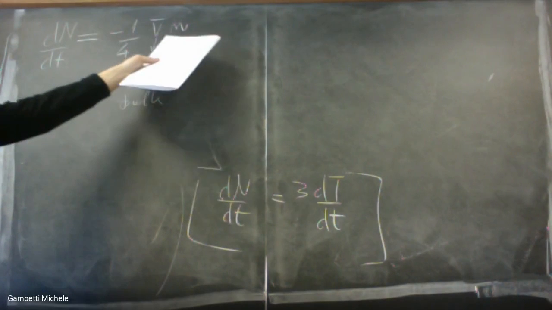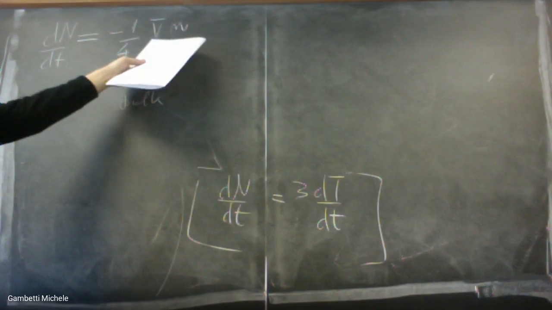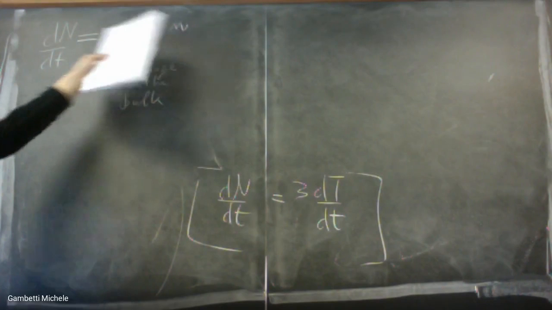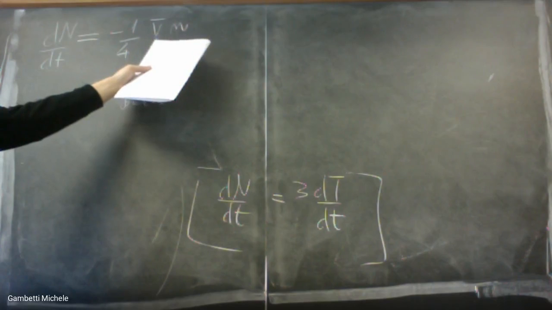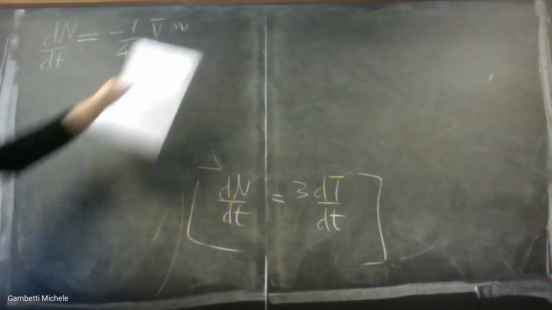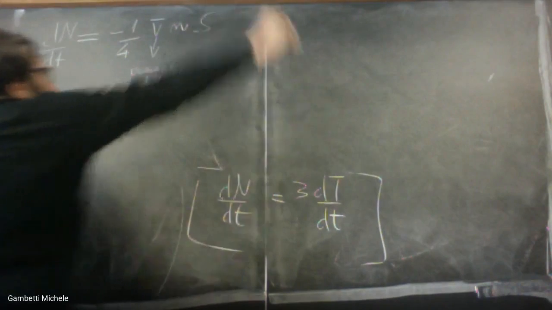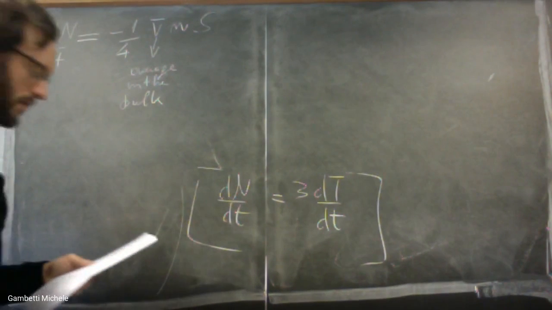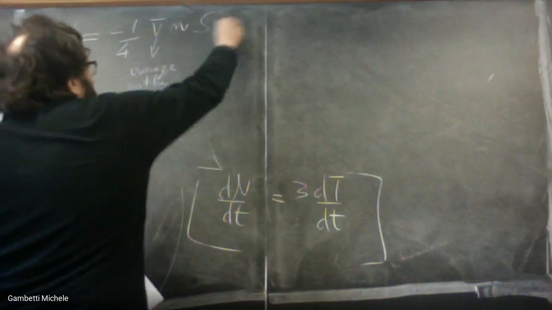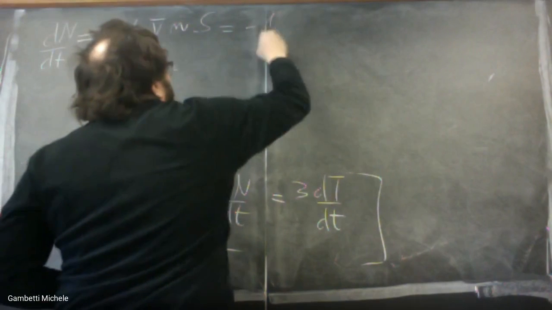Now it's density times velocity. Then if I want to get a number of particles in time, divided by time, I have to multiply by the surface of the hole. So you have a factor of S, which is the surface of the hole. Which is equal to 1 divided by 4.